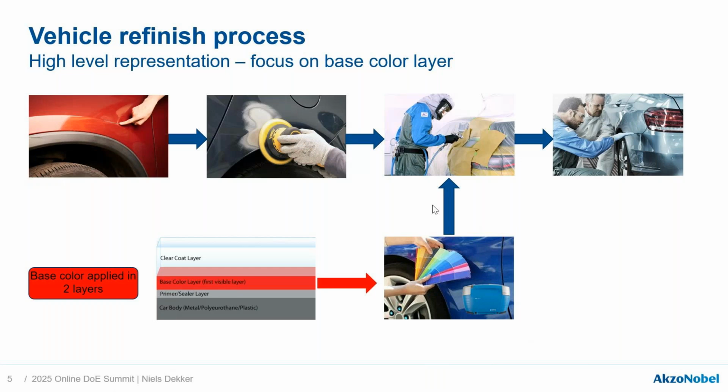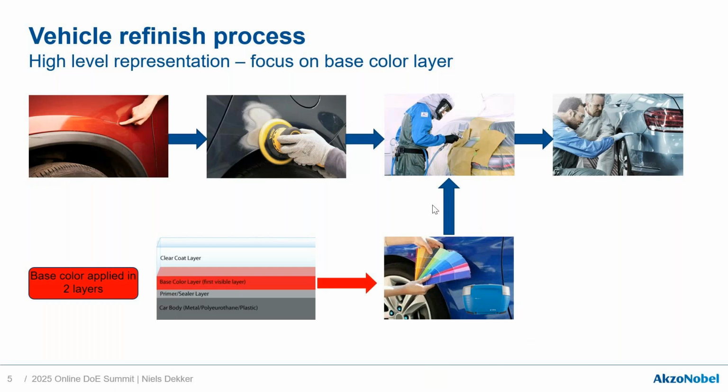To be able to do that, the body shop needs to be able to find and put on, of course, the right color, so that when the repair is done, the car comes out of the body shop, the body shop owner is happy with the result, and you as car owner are also happy with that result. Now this repair paint typically consists of three layers. You've got a primer sealer layer, which also helps to stop corroding your car further, of course.